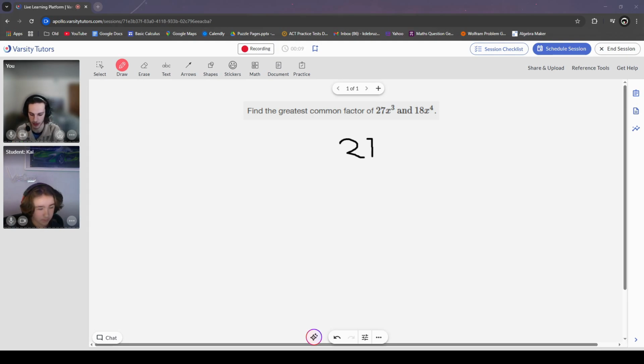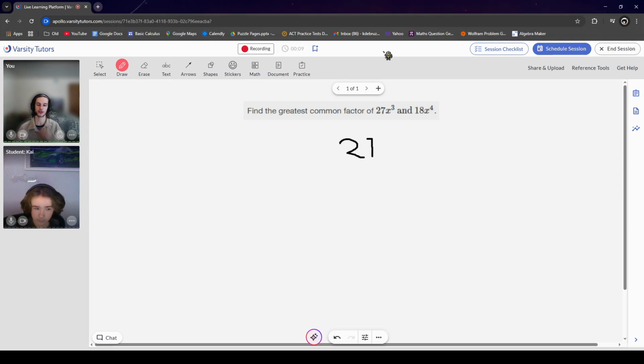So when we're checking multiples, you're right, there's commonality between x to the 3 and x to the 4. But now we have to check if 27 and 18 have anything in common, and they will. So go ahead and explore.